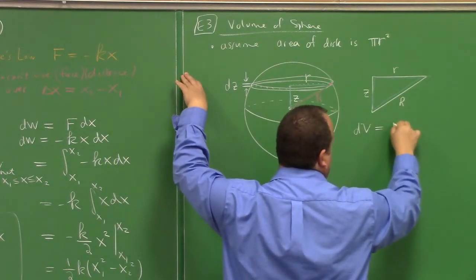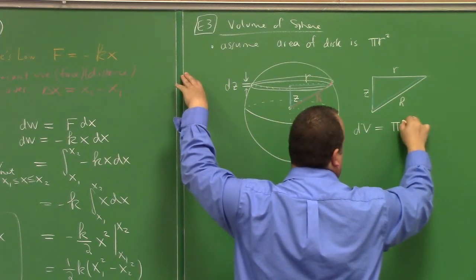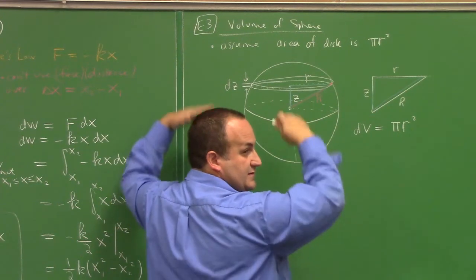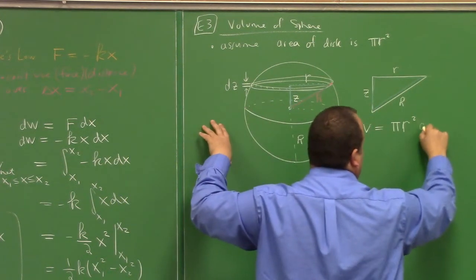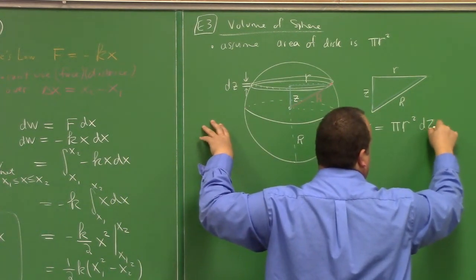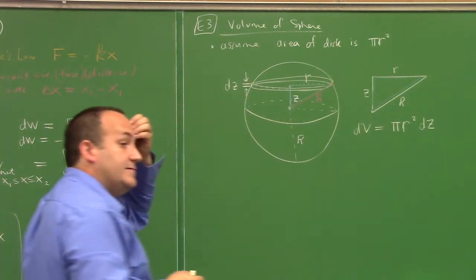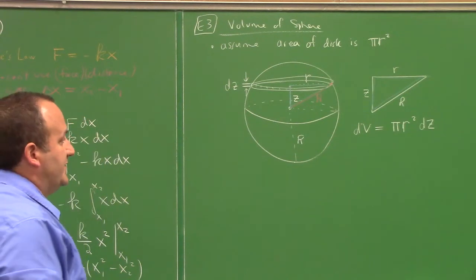It should be pi r squared times the thickness, right? So the height is dz. We know the volume of a cylinder works that way. This is basically just a very, very short cylinder, height dz and area pi r squared.